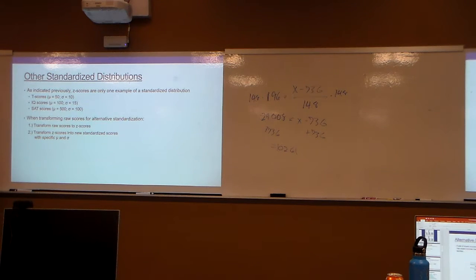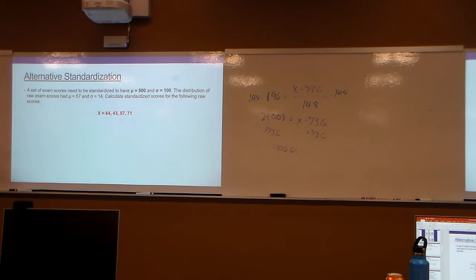But if I want to transform a raw score into some alternative solution, I'm going to use z-scores as my intermediary. So I'm going to take my raw scores, standardize them, transform them into z-scores, and then take those z-scores and turn them into a new distribution of standardized scores with my specific mean and standard deviation.